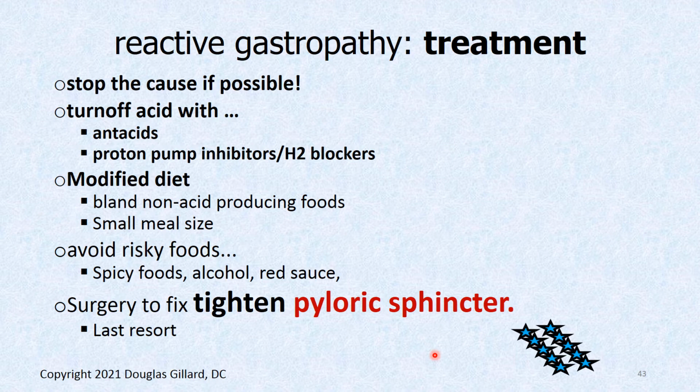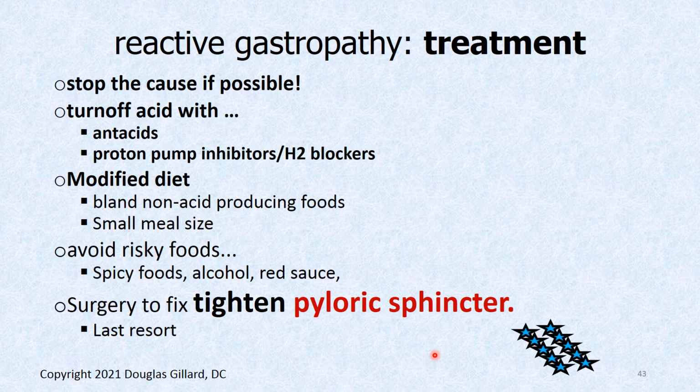How do you treat reactive gastropathy? Well, you have to find the cause. If they're an alcoholic, they need to get into rehabilitation and stop that. If they have chronic pain and they're taking aspirin, you have to try something else. Maybe they need a spinal cord stimulator. If acid is being driven and overproduced, PPIs, H2 blockers, antacids should be used, because the acid is the one that's causing all the trouble, right? The GMB is gone.